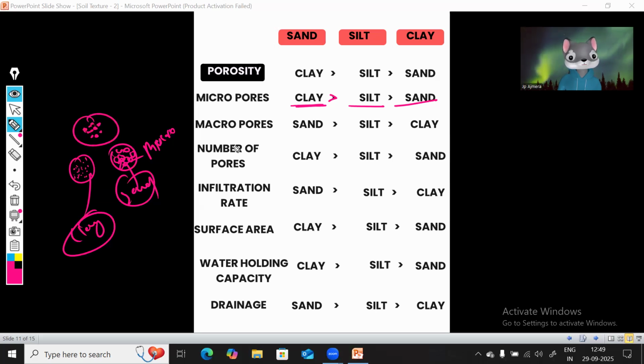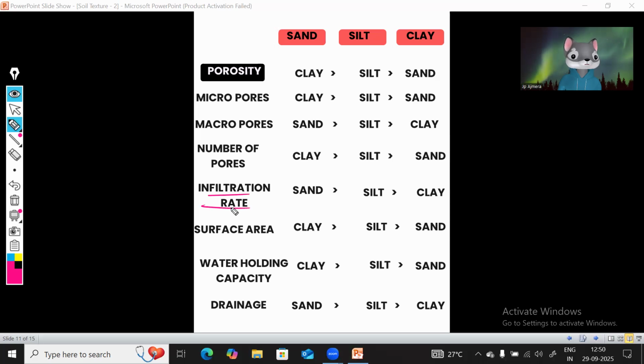What is the sequence of micropores? The sequence of micropores is clay, silt, sand. As the size increases, micropores decrease.